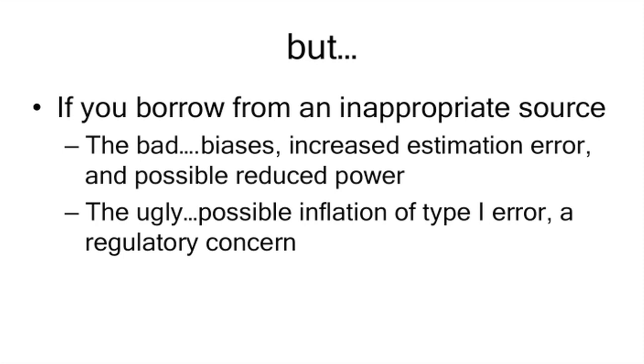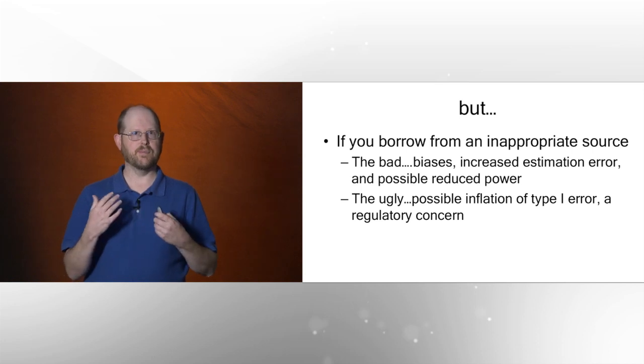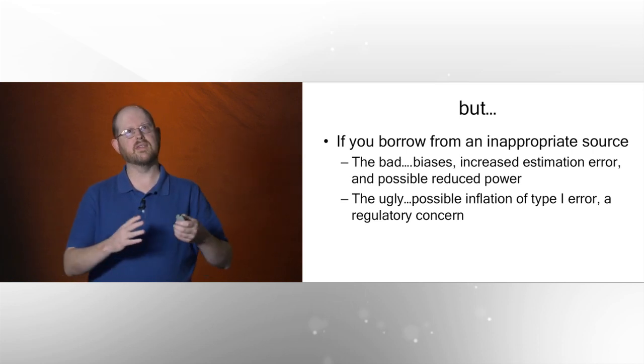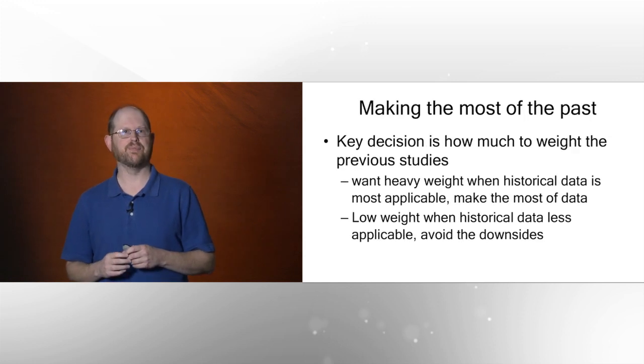The control gets pulled up to the historical data, and that bias is in a bad direction. That gives you the possibility of decreased power. It also gives you the possibility of an increased type 1 error, which is the real regulatory concern with using historical data. So what I want to talk about for the remainder of the talk is how do we get the most of the good points and how do we minimize the bad points here.